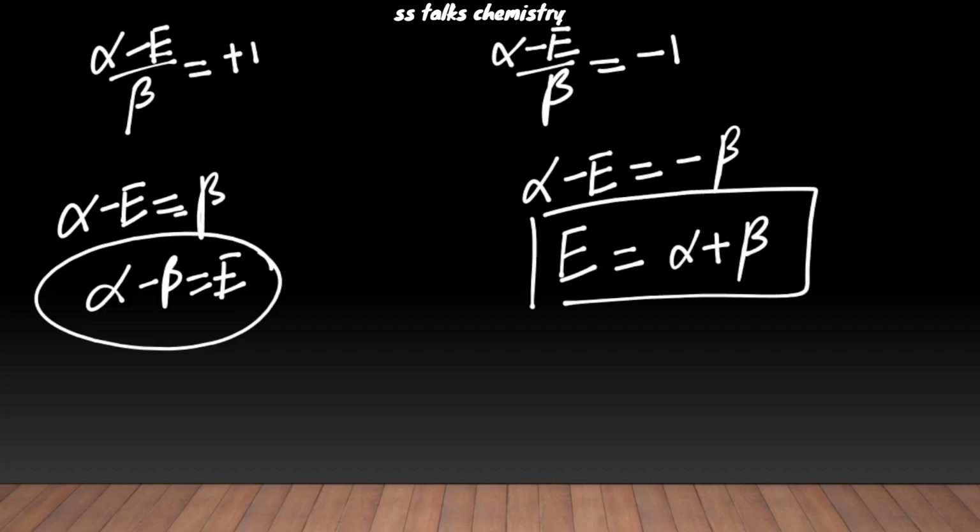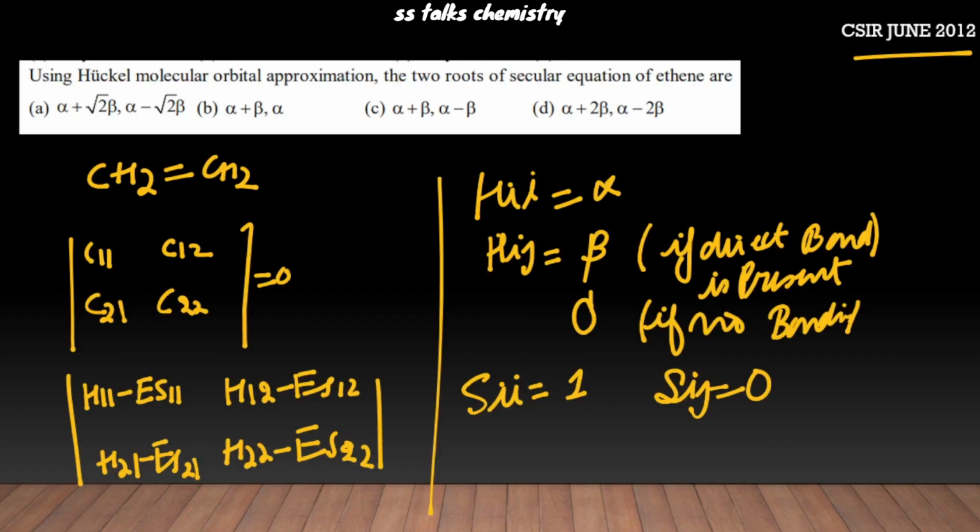So the two roots that we are getting are alpha minus beta and alpha plus beta. Option C becomes the right answer here. I hope it's clear, right?